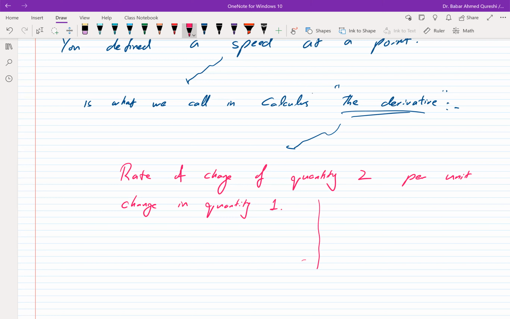So if I draw a graph, I have, let's say, one quantity which I'm calling x, another one which is y, and y changes with x. So the rate of change, how it's increasing, or it may even be then decreasing, or maybe it doesn't change later on. At each value of x, how does it change? That's encapsulated by derivative. Not everything about it, but a very central thing about it.